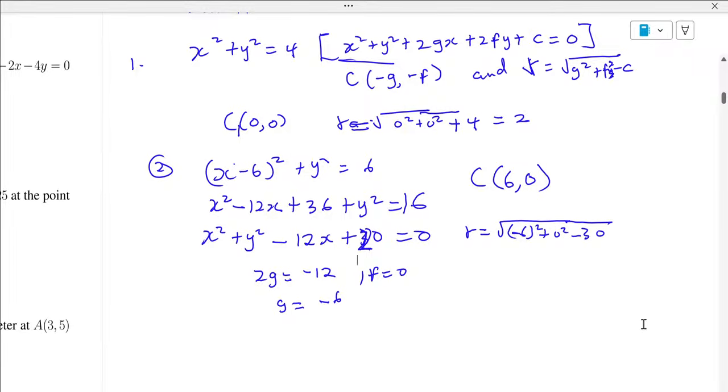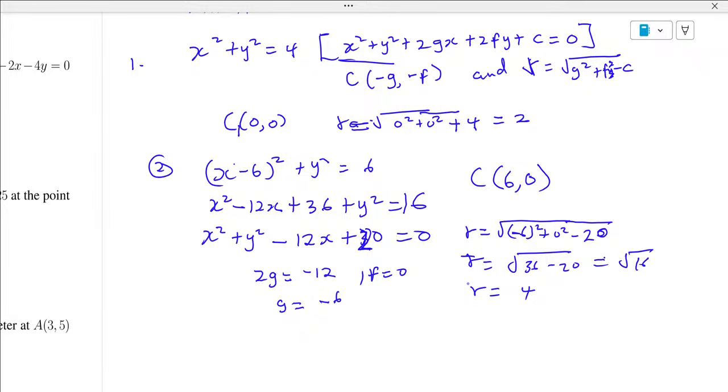So minus 20 here. And that will give us R to be equal to square root of 36 minus 20. And that will give us root of 16. And that will give R to be equal to 4.